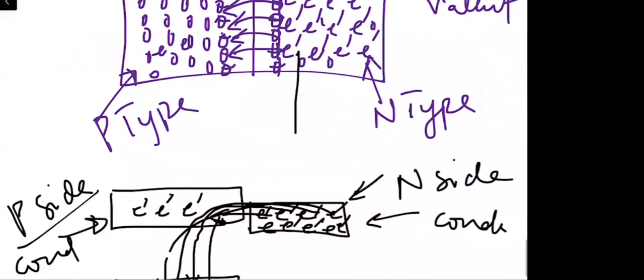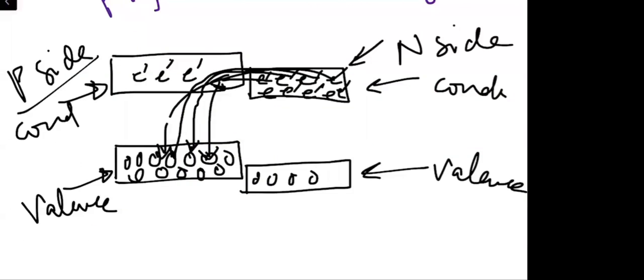So due to this, whenever this situation takes place, it means most of the high energy electrons which are on the n side cross into the p side and get into the valence band on the p side, right?